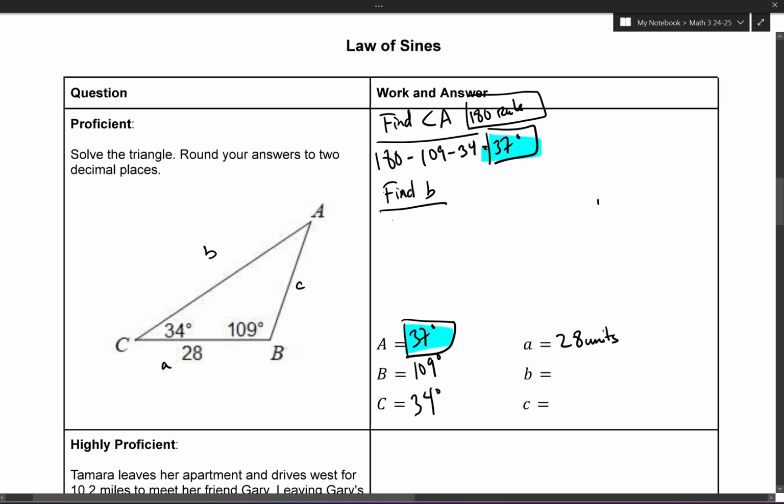I'm looking for side B. Now I need its corresponding angle, which is 109 degrees, and I set that equal to two other things. I have the A's here, so this is 37 degrees. I have the A's, so I'm going to use the A's: 28 units over the sine of angle A, which is 37.